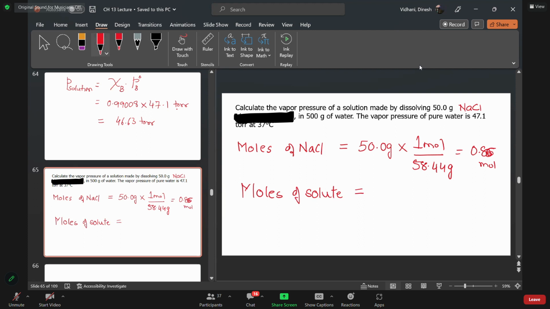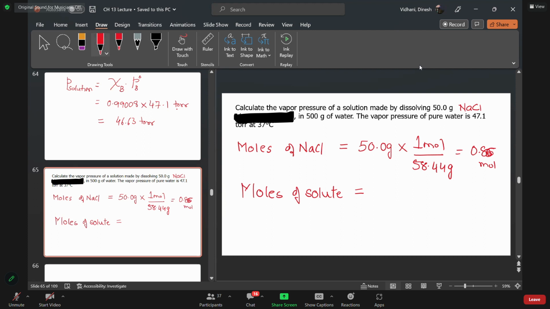What do you think? What was the question, Professor? The question is, is it really 0.85 moles of solute particles in the solution or something else?